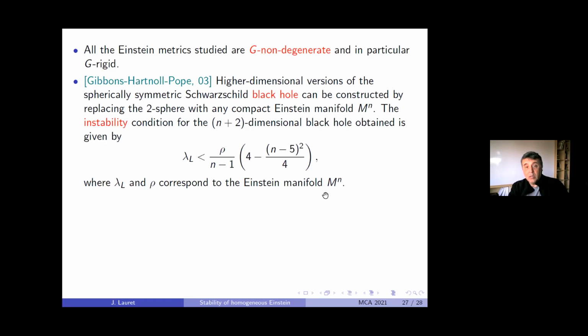We read this paper and said, well, we have such a large amount of Einstein metrics. Let's see when we get this instability.